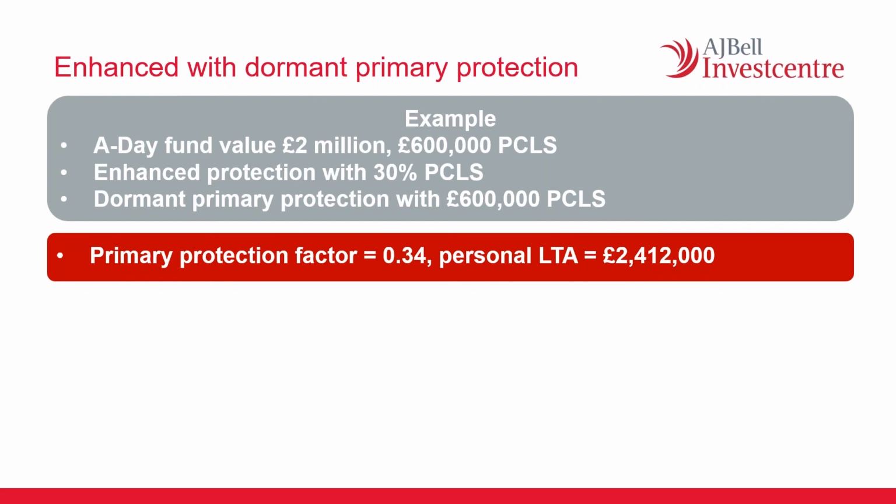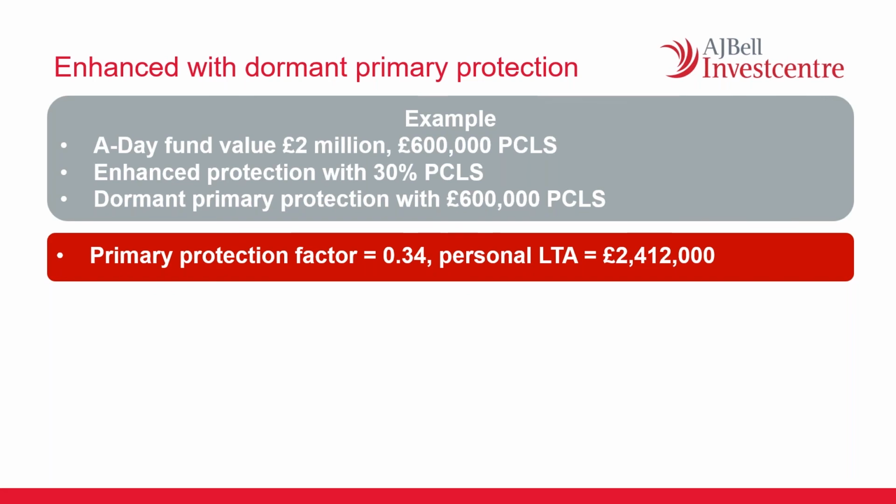And the primary protection factor based on a £2 million fund, you divide that by the 1.5 million, the protection factor would have been 0.34. If they are now coming to take benefits, their personal LTA this year would be £2,412,000.